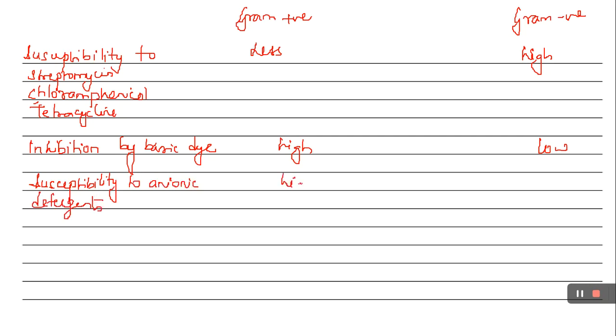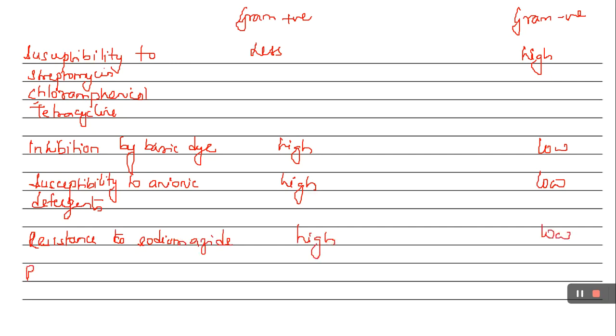They are highly susceptible to anionic detergents. Gram negative bacteria are less. Next is resistant to sodium azide. Which one is more resistant? Gram positive bacteria are highly resistant.